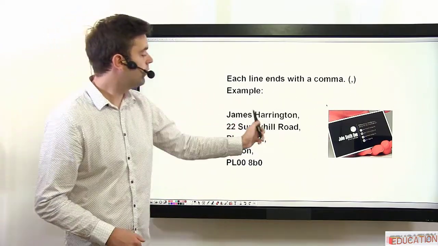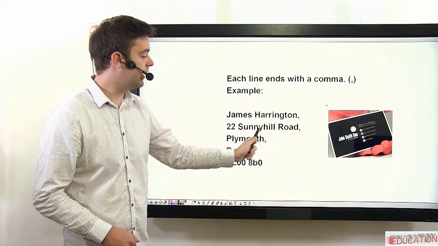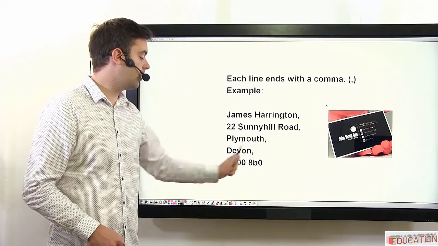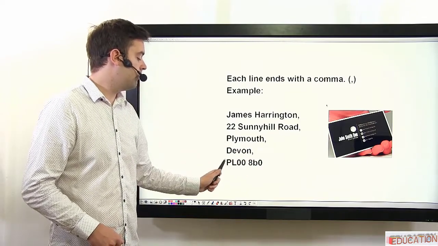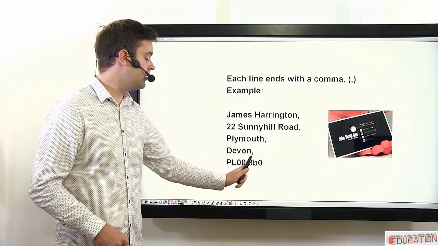So you've got James Harrington, 22 Sunny Hill Road, Plymouth, Devon, PL0 08B0.